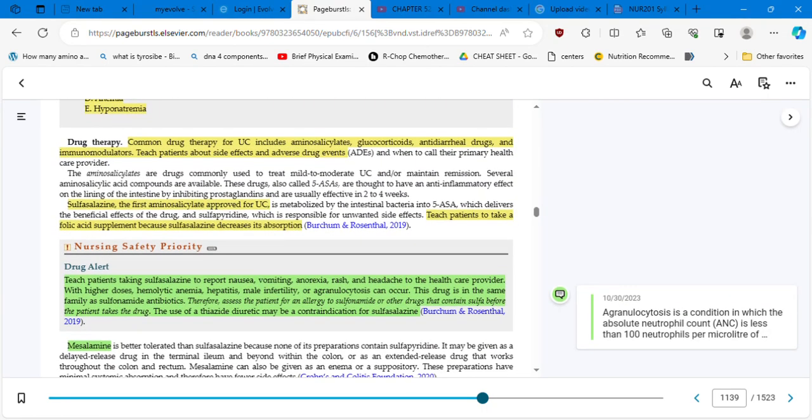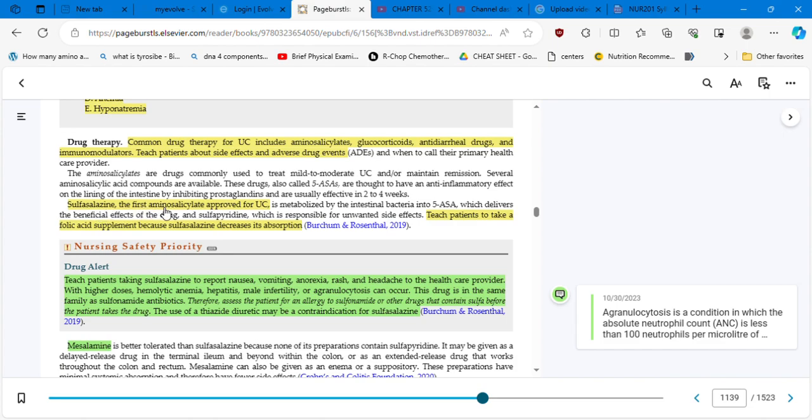Drug therapy. Common drug therapy for UC includes aminosalicylates, glucocorticoids to reduce inflammation, antidiarrheal drugs, and immunomodulators for the immune system. Teach patient about side effects and adverse drug events.